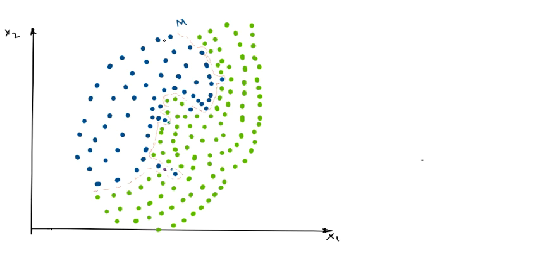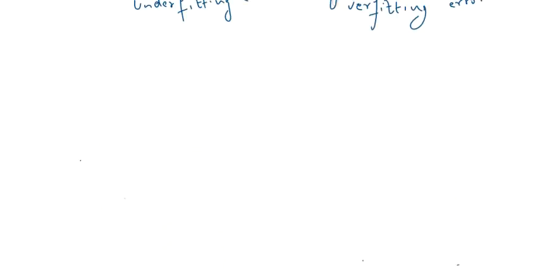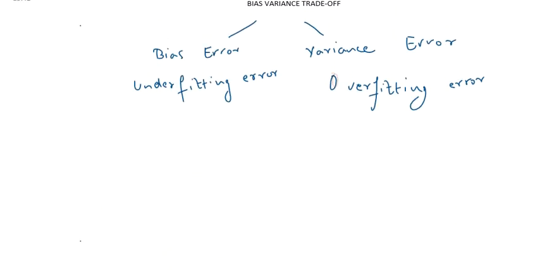Okay, so what are the solutions? How do we achieve a balance to get a low bias error as well as a low variance error? There are a few solutions that are widely used in the industry. One solution is k-fold cross-validation. The second solution is regularization.